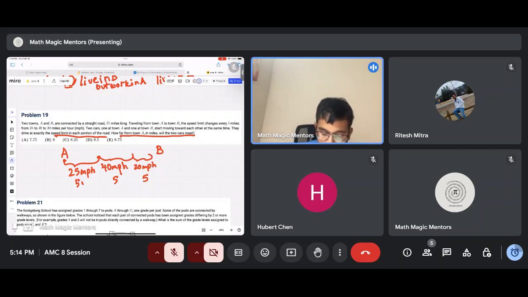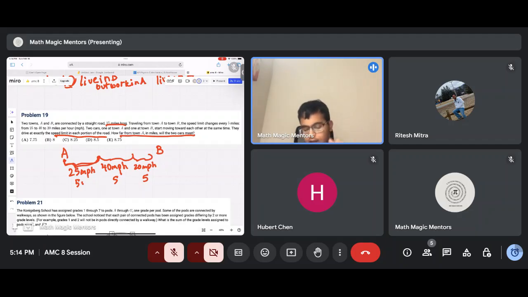So the road is 15 miles long. We covered that. Yeah, yeah. So 5 plus 5 plus 5 is 15. Right. So they're going to meet somewhere in the 40 mph road. Well, let's try to find out where they meet, right? So first of all, let's find out how much time has passed once A crosses the 20 and 25 mph section, right?